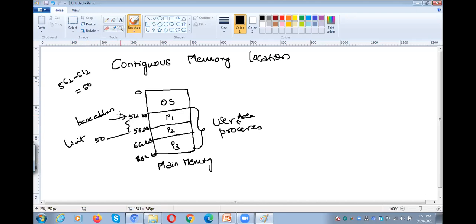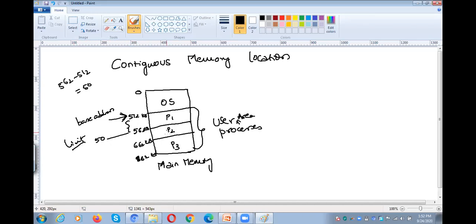Okay, so the starting address is the base. Limit means the difference between the highest partition value and the base address. P1 occupied from 512 to 562, so we subtract 512 from 562 to get the limit value.